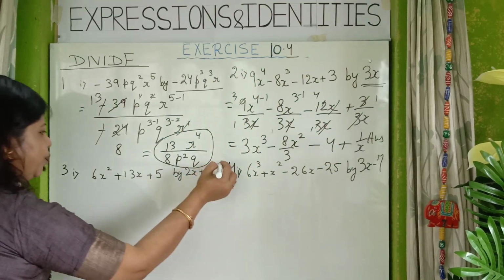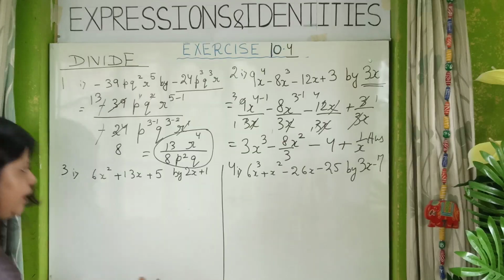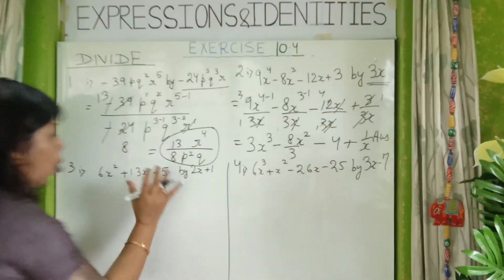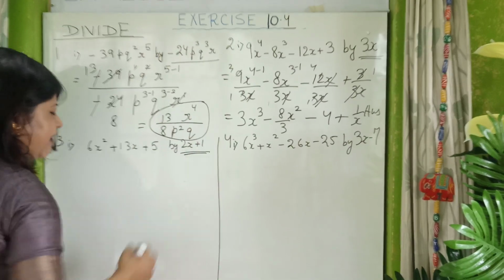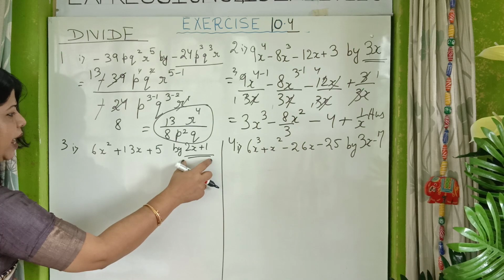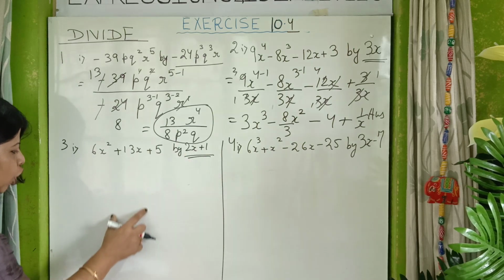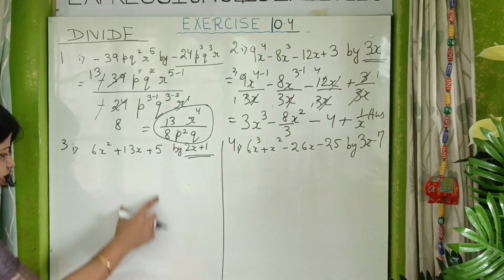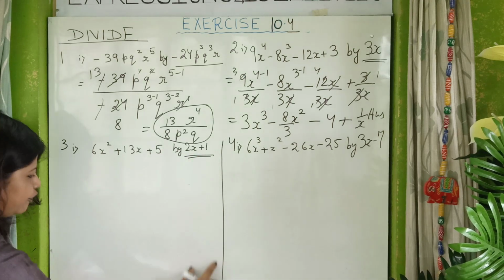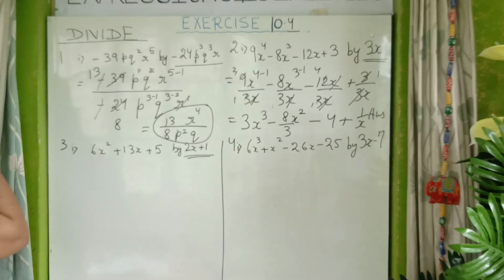Now you come to question number 3, children. With this question we begin with the actual division. Why? Because here we are dividing by a binomial. The moment you are dividing by a binomial, students, you have to follow the long division method. Do the rough work as I have told you to avoid mistakes.